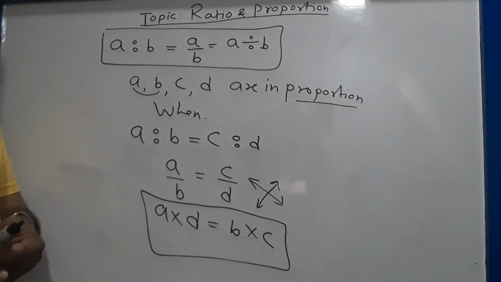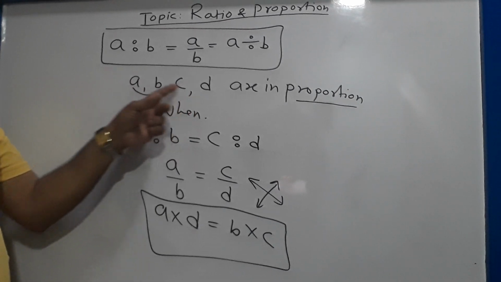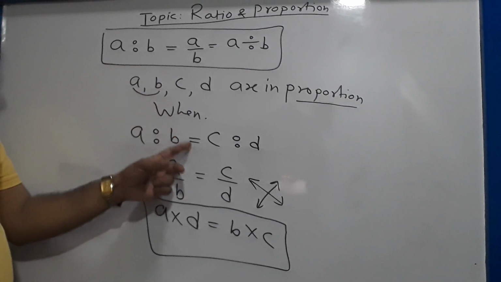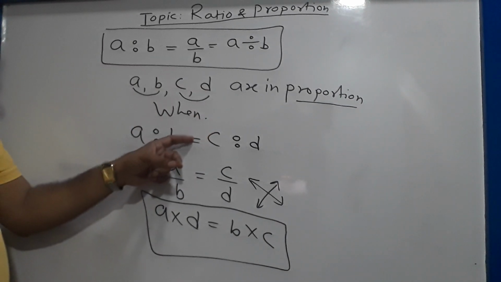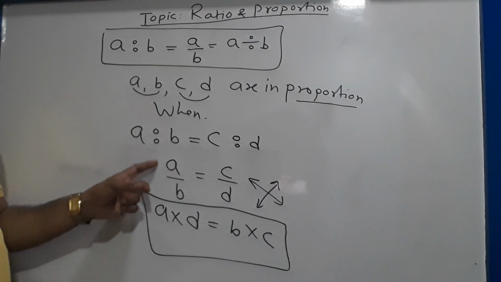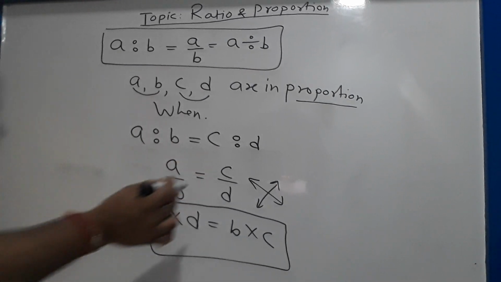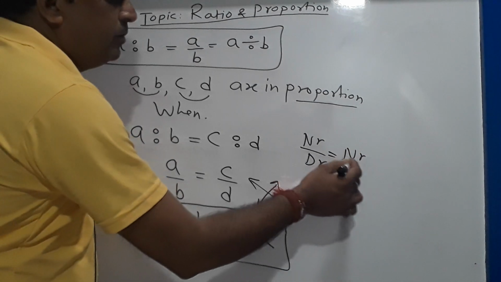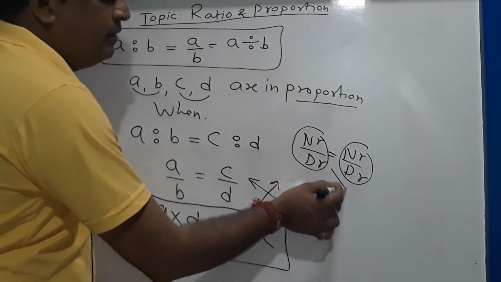So four numbers A, B, C, D are in proportion when A ratio B is equal to C ratio D. So A ratio B means A upon B is equal to C upon D. Now we have equality of two fractions, numerator upon denominator is equal to numerator upon denominator, and when we have equality between them, we cross multiply.